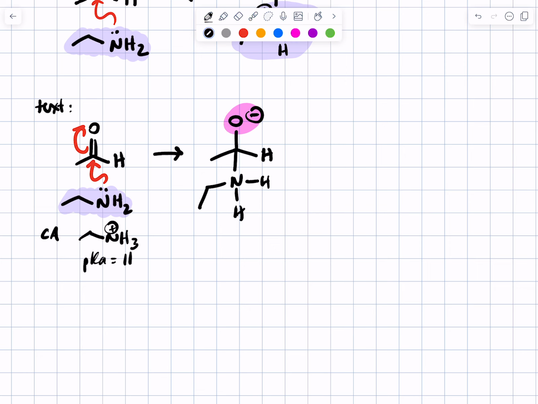Then look at this negatively charged oxygen. Its conjugate acid is an alcohol, which should have a pKa of 16. Basically what these tell us is the negatively charged oxygen is more reactive or higher in energy than the amine starting material, which means it's probably, in my mind, not that reasonable to attack directly.